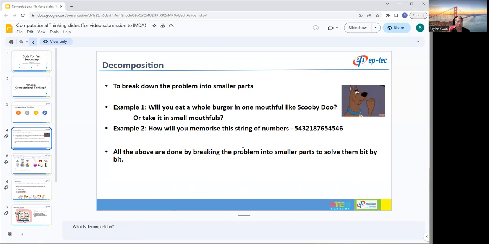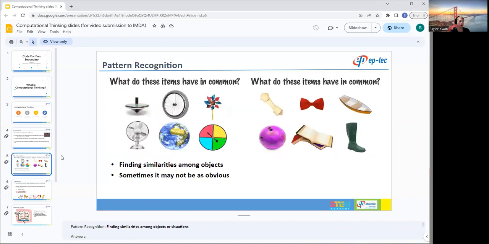So from both of their answers, you guys can realize that they actually break it down into smaller parts, regardless of whether it's five numbers and a few numbers left, or 3, 3, 3, 3, 1. So these are the ways you can break things down into smaller parts, and then you can solve them bit by bit. Any question for decomposition? No? Okay, let's move on.